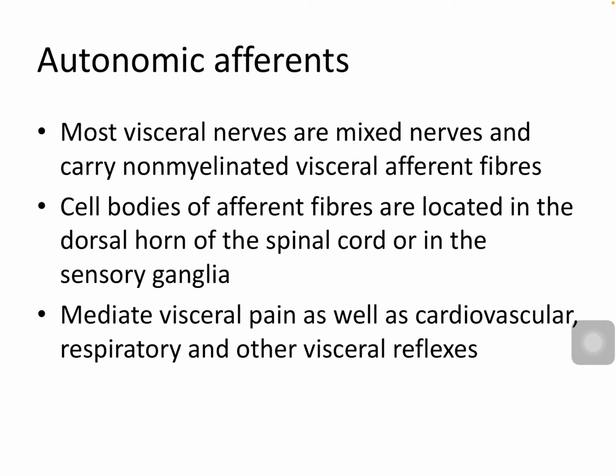They mediate visceral pain as well as cardiovascular, respiratory, and other visceral reflexes. So basically, the involuntary organs controlled by the central nervous system send their afferents via these autonomic tracts, and the cell bodies of these neurons are located in the dorsal horn of the spinal cord or in the sensory ganglia.